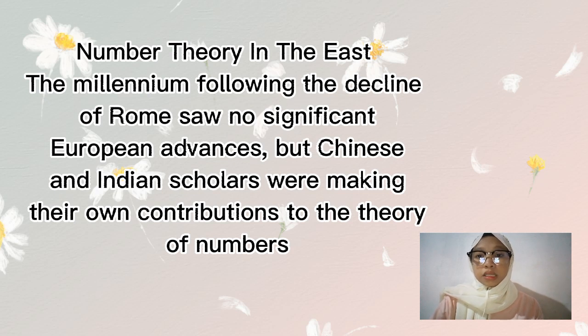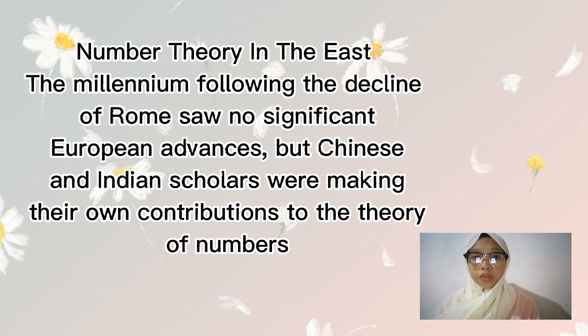At about this time, the Islamic world became a mathematical powerhouse, situated on trade routes between East and West. Islamic scholars absorbed the works of other civilizations and augmented these with homegrown achievements.